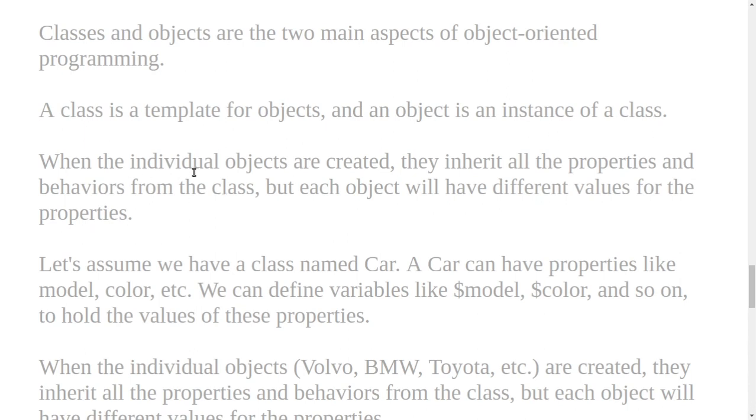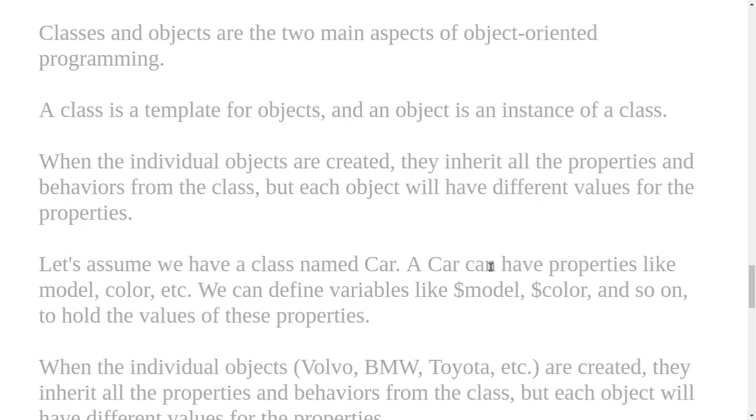When individual objects are created, they inherit all the properties and behavior from the class, but each object will have different values for the properties. Let's assume we have a class named Car.